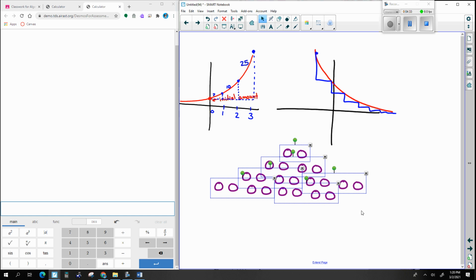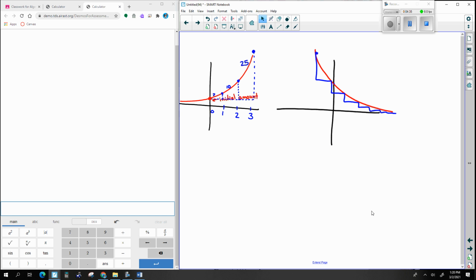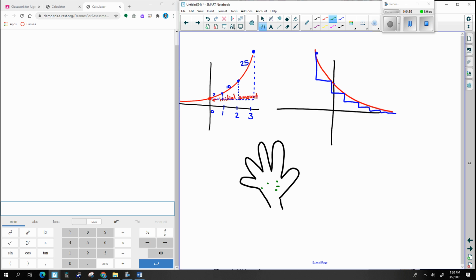Another example explaining population is bacteria. Think of bacteria on your hands. Let's just say we got done making a meal, and we have bacteria on our hands. It's a goofy looking hand, whatever. The thing is just teeming with bacteria. You have a bunch of junk on your hands.